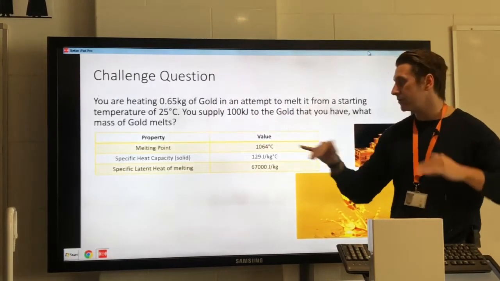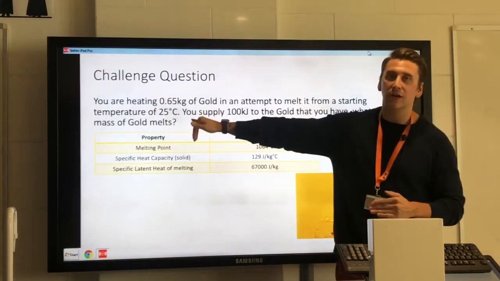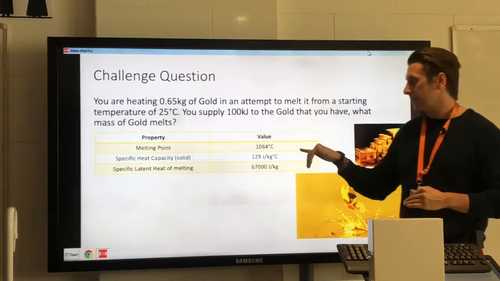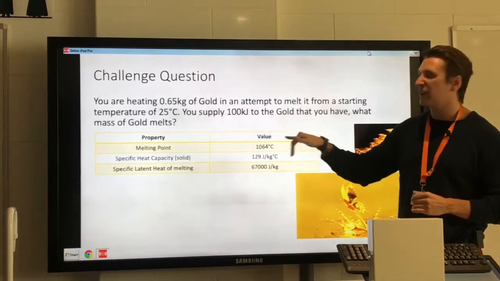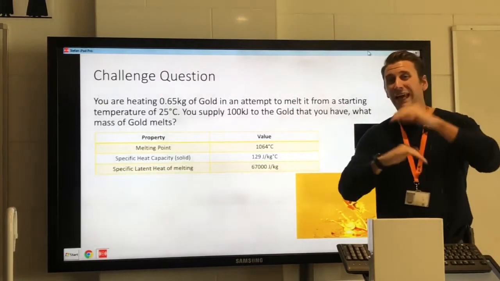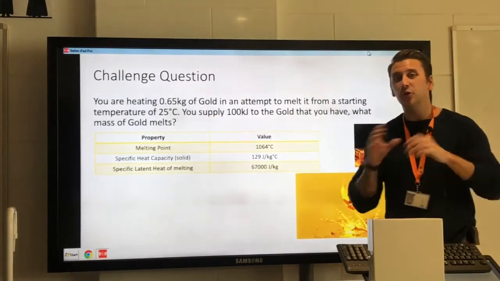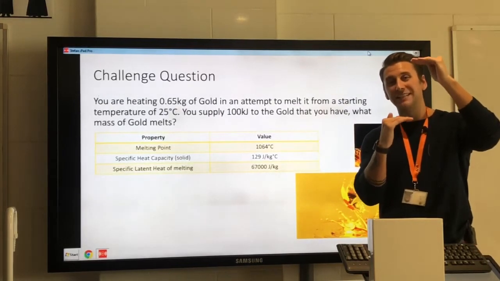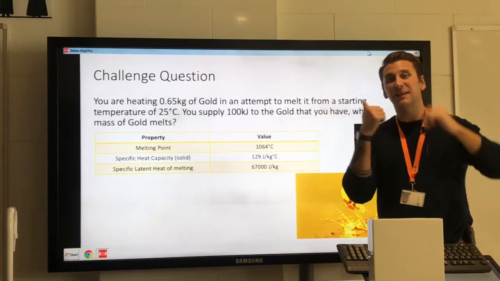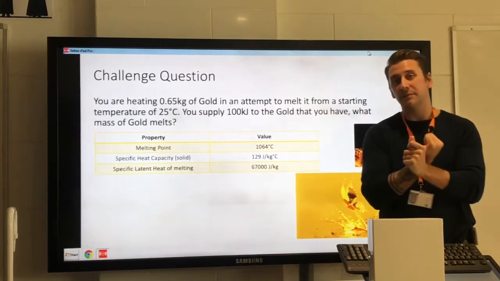That change in temperature is 1064 subtract the 25, which is 1039. So in order to get the gold from 25 to the melting point, I have to raise its temperature by 1039 degrees Celsius. So there's my delta theta in Q equals mc delta theta.